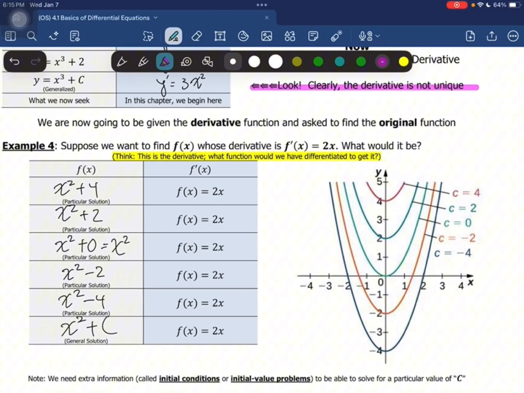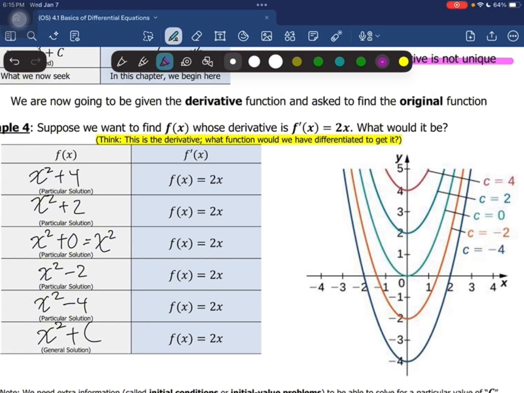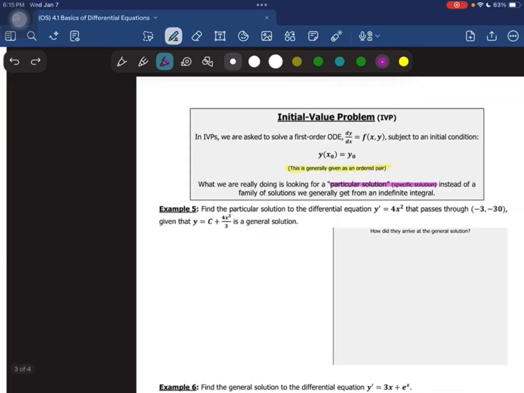We want a particular C. We don't want a generalized solution. We don't want this family of solutions. We want something that gives us, for instance, that C equals -4 in this case. So that is what a particular solution is all about.